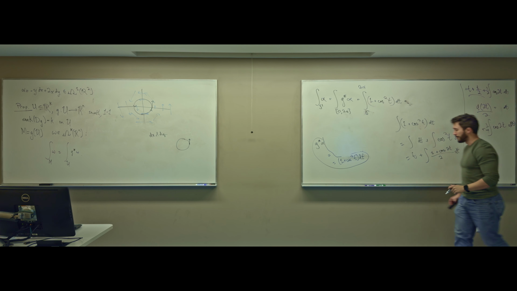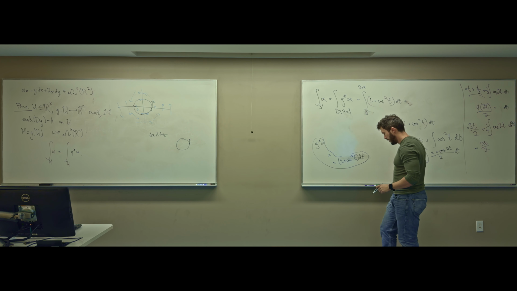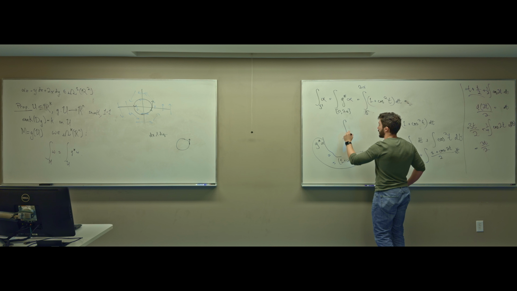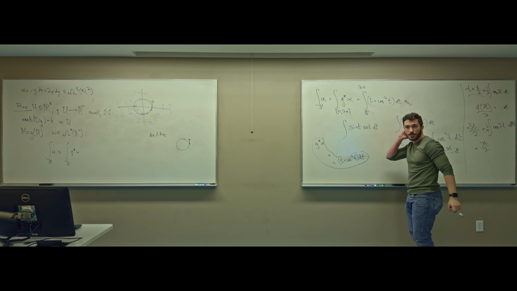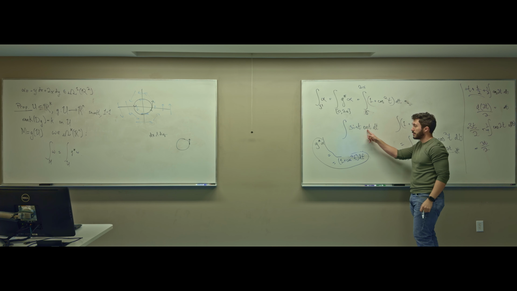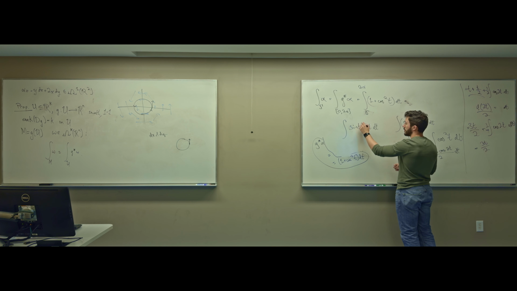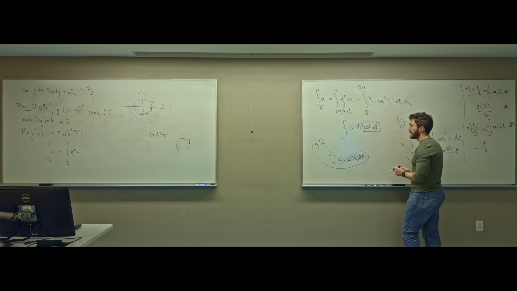In general, though, if you have something like sine t cosine t dt, when you do u substitution, you're looking at this to be the derivative of this thing. And you can notice that this is a differential one form.